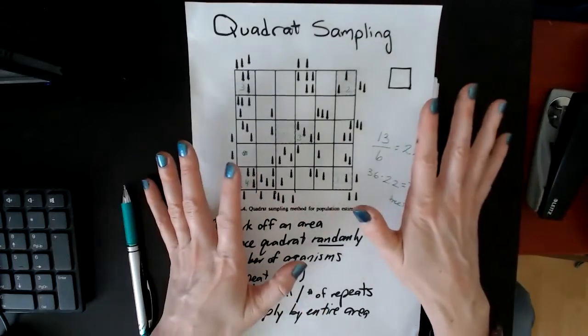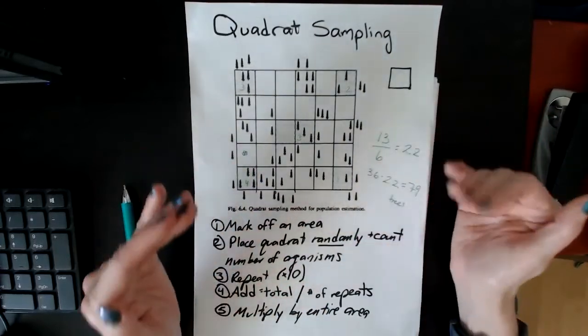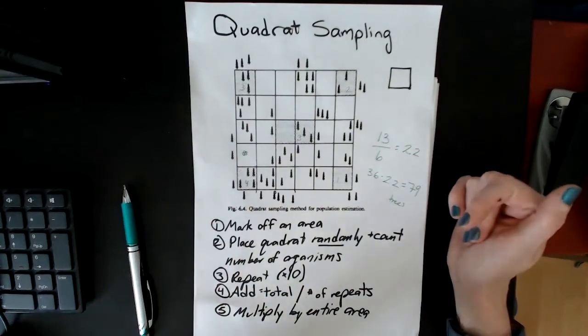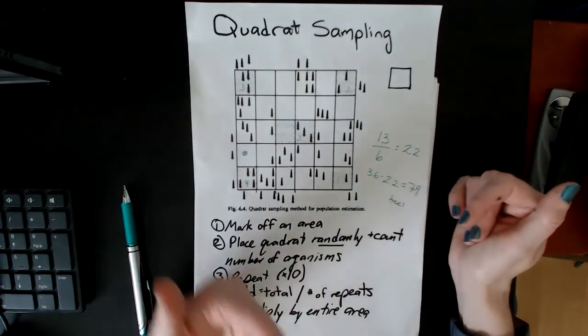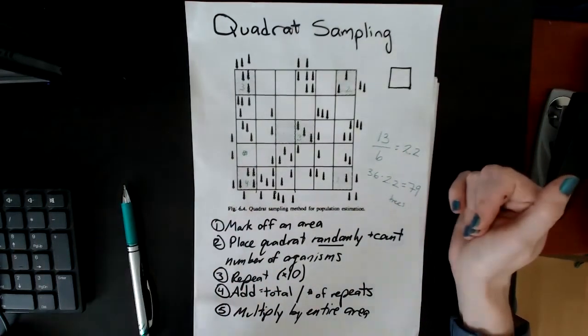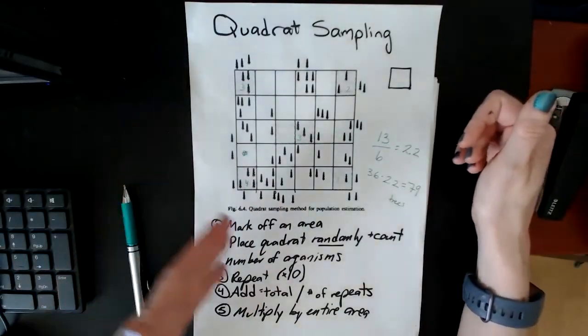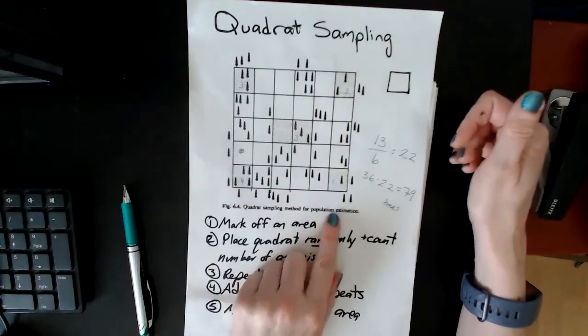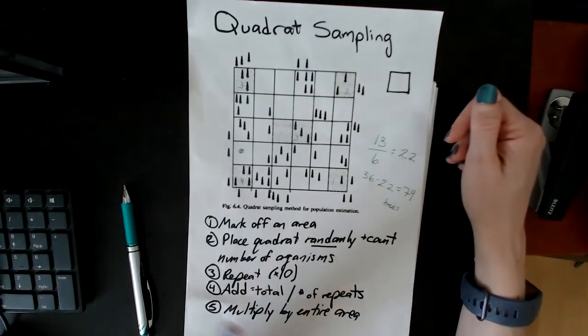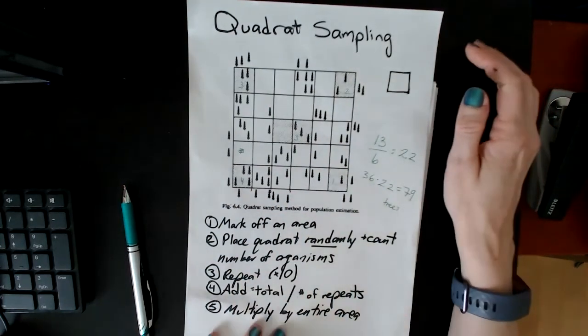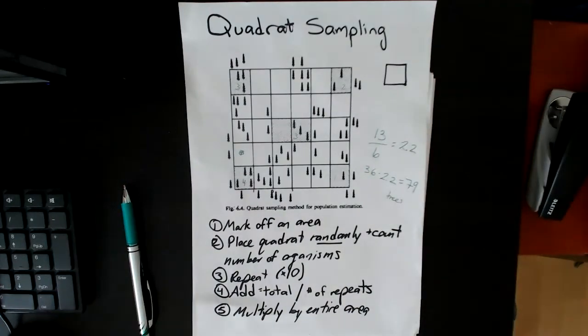That's how you know, if they're asking you a question, whether they are measuring biodiversity or estimating population size. Are they looking at just one individual species, or multiple? One individual species, they're estimating population size. Many different species, then they're estimating biodiversity in an ecosystem or in an area. So that's quadrats.